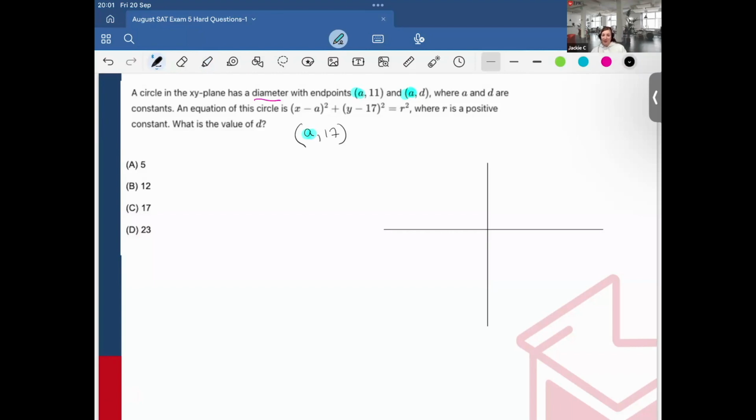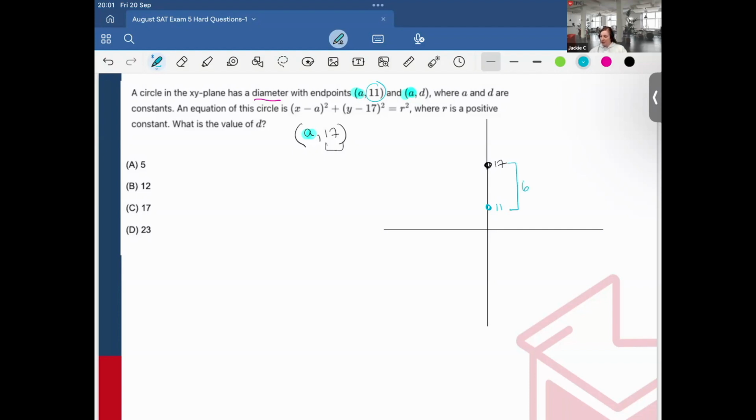It can be any value, doesn't matter, but I'm just going to say let's say it's 0. And therefore the y value here, let's say it's 17, and another y value would be 11. Then I can find the distance between the endpoint and the center, which in this case is 6.